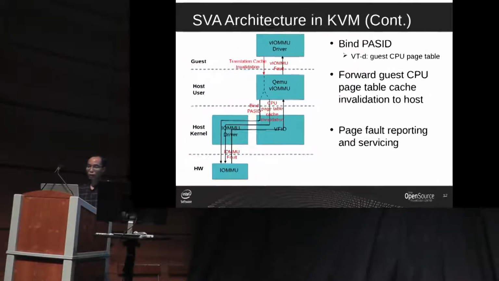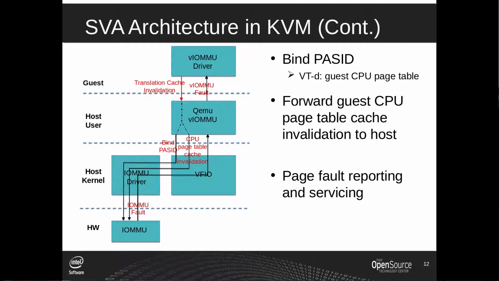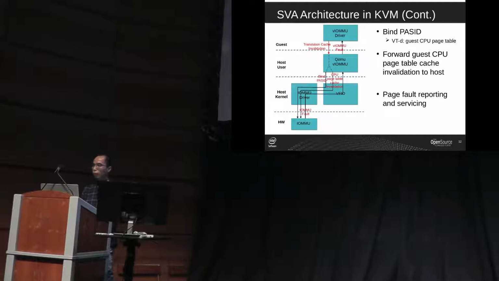Third, since there may be some page fault during the translation on the hardware side, the hardware may receive some page fault from the device side, but sometimes the host cannot address such a page fault, since, like, the guest CPU page table is on the guest side.